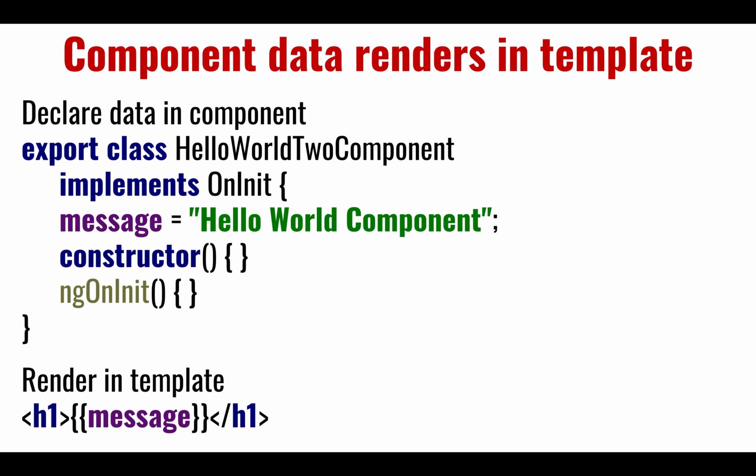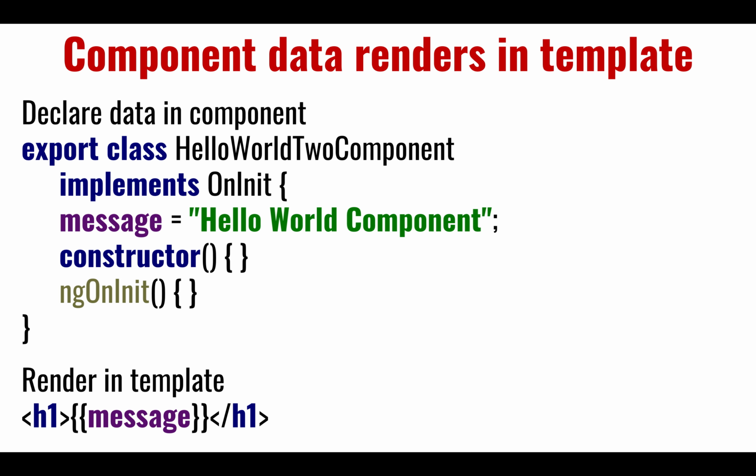In Angular it is slightly less involved. Basically, in Angular, you just declare a class variable, and whatever class variable you declare in the component is immediately available in the HTML template. So for instance, here we're declaring a variable called message equal to hello world component, and right away in the HTML part of your component you can refer to that variable using the double curly brackets, the double mustache.